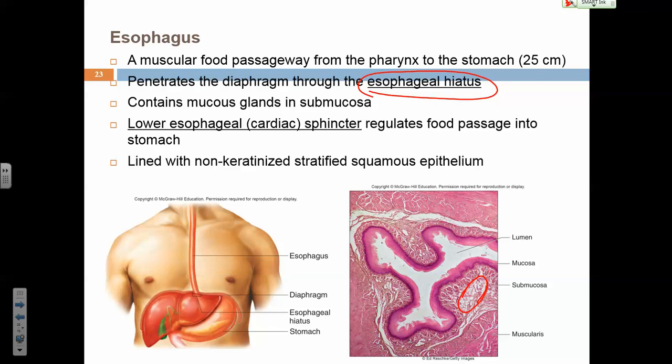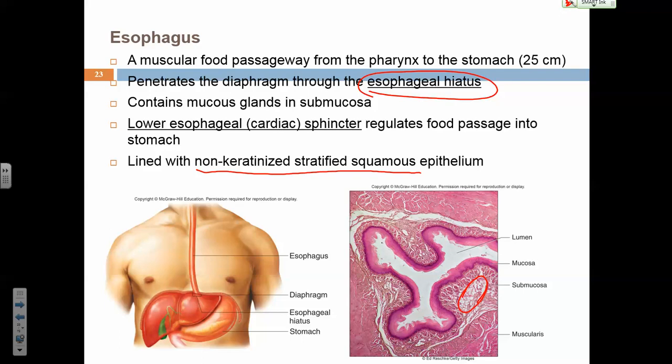Now, a big deal to me is what epithelium makes up the mucosa, the inner lining of it, and this is the epithelium. Non-keratinized stratified squamous. Somebody tell me, just describe the look of stratified squamous under the microscope.